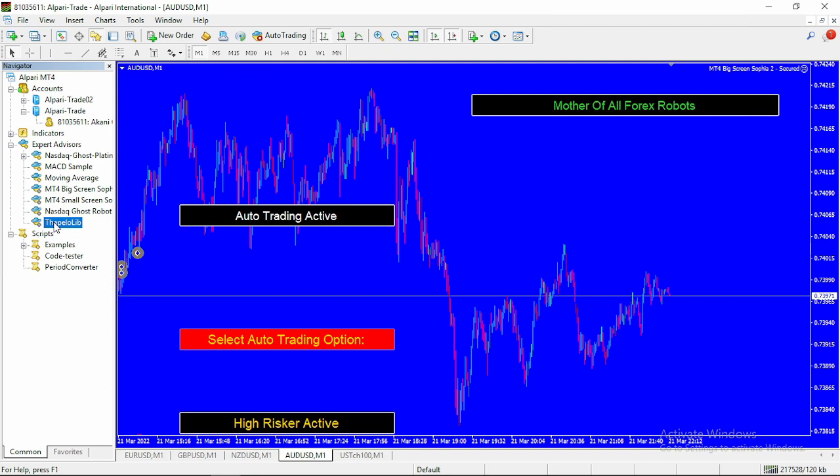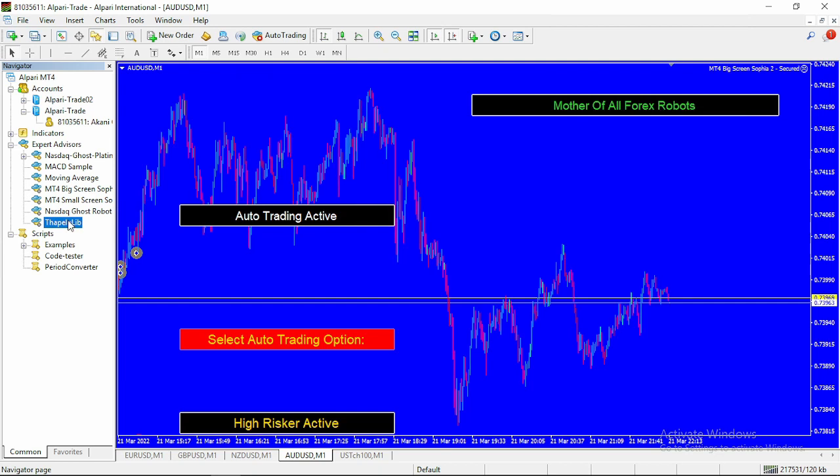The ex4 file, you must have copied the entire folder and kept it here. Don't do that. Copy the file itself. Since we are using MT4 here, we copy the ex4 file. If you're using MT5, kindly copy the ex5 file and paste that here. We are currently using MT4, so we have the .ex4 file here in our experts directory. There's no subfolder here.